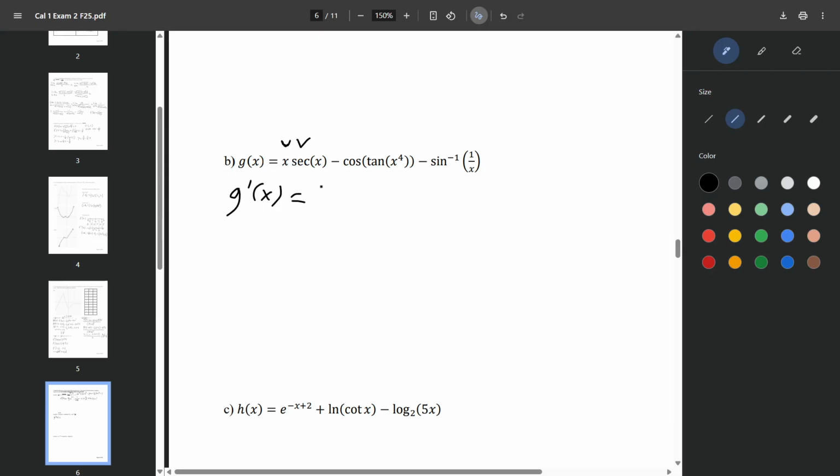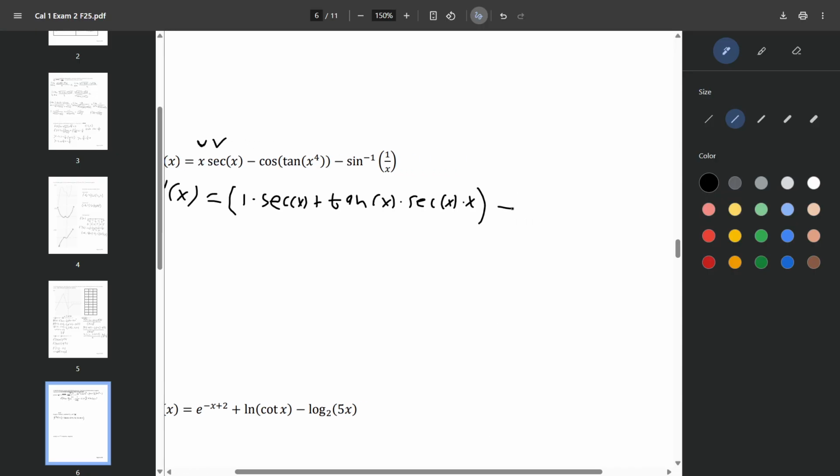So this is going to be equal to 1 times secant x plus tangent x times secant x times x for the first part of the equation.